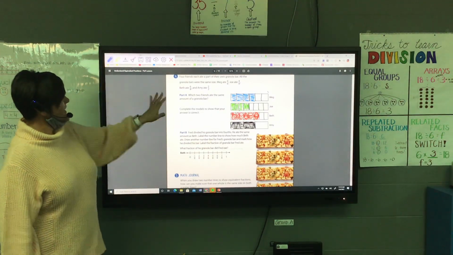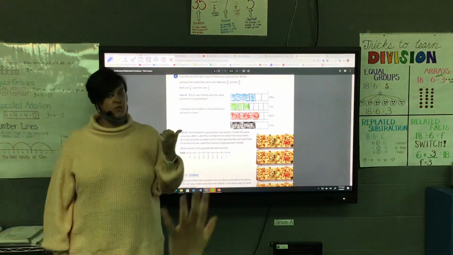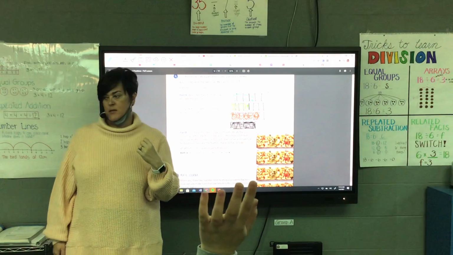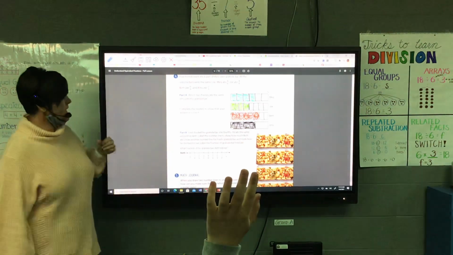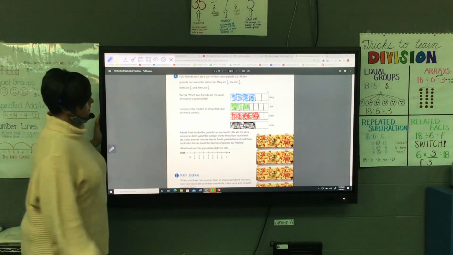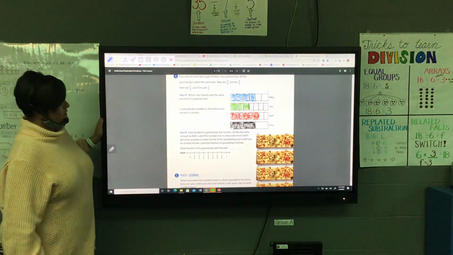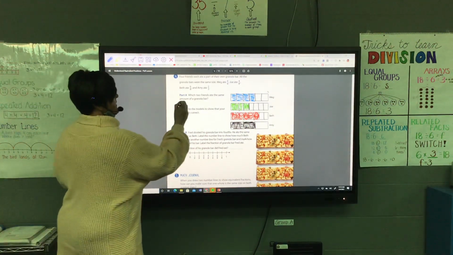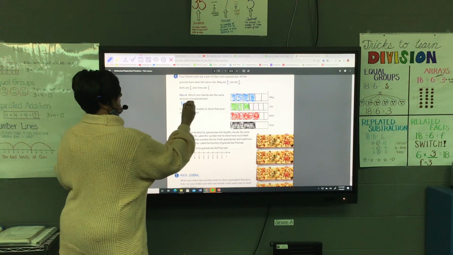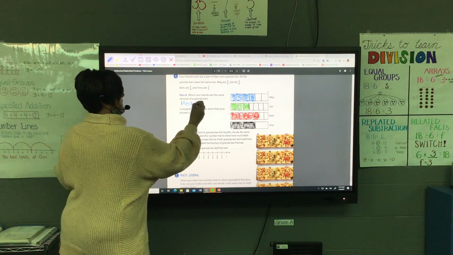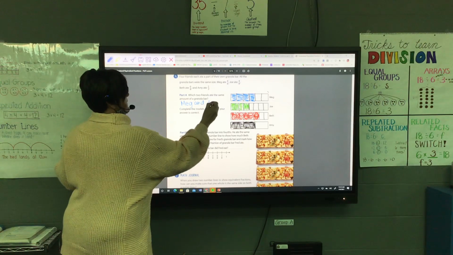Which 2 ate the same amount of their granola bars? Raylan? You are correct. Meg and Amy.